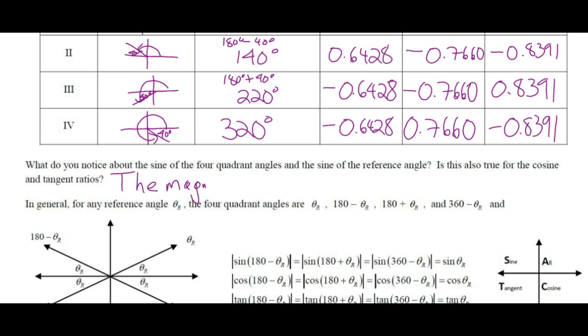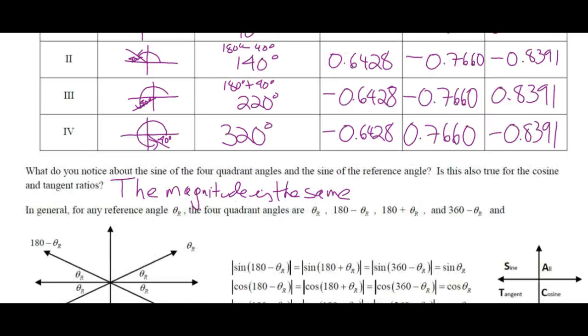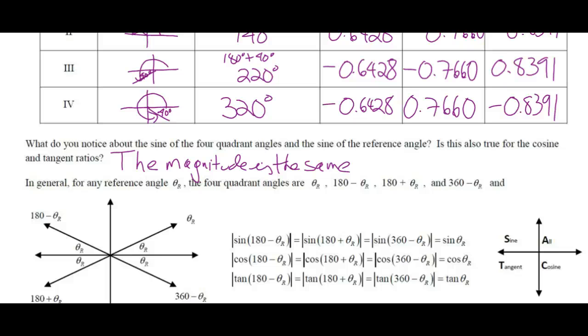So the magnitude is the same. Same value, just different sign, positive or negative. Maybe we can use the word polarity to indicate positive or negative. So same value, magnitude is the same, and this is also true for cosine and tangent.